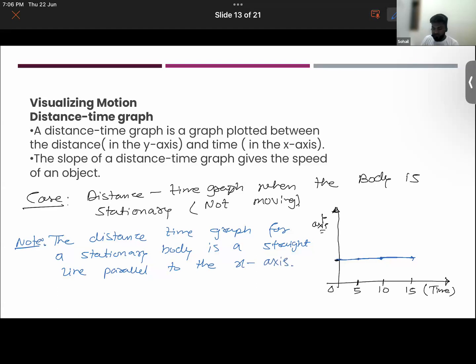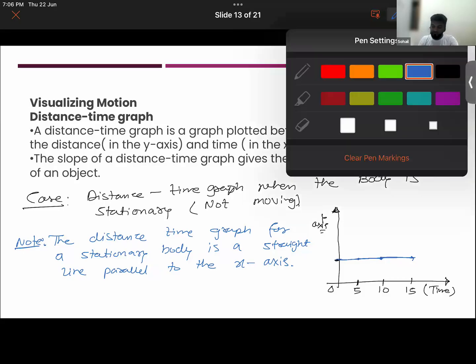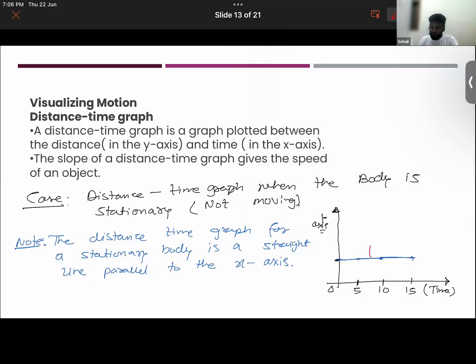Read this one, Mafas, and do tell me if you have any confusion in understanding this one. No, sir. Okay, so this represents 0 speed as well, since the object is stationary. And this here is representing distance, and this is your time here. So that is how you are required to draw the graph. All right. Yes, sir.